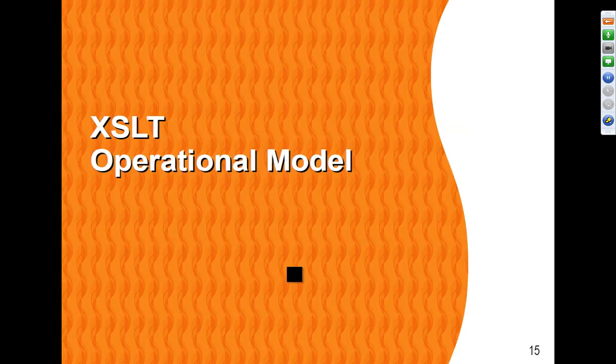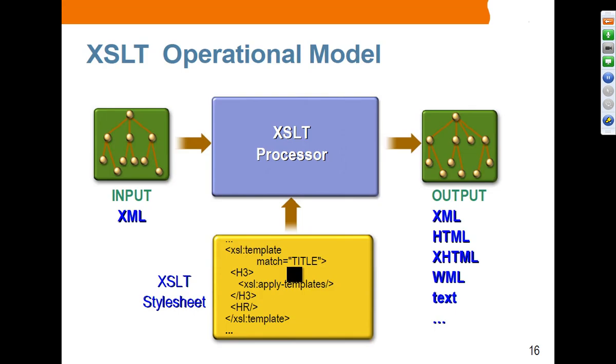Okay, so let's move on to the XSLT operational model. So how is XSLT performed? It's pretty straightforward. There are two pieces that are fed into the XSLT processor. First, the original input document. So this is an XML document.